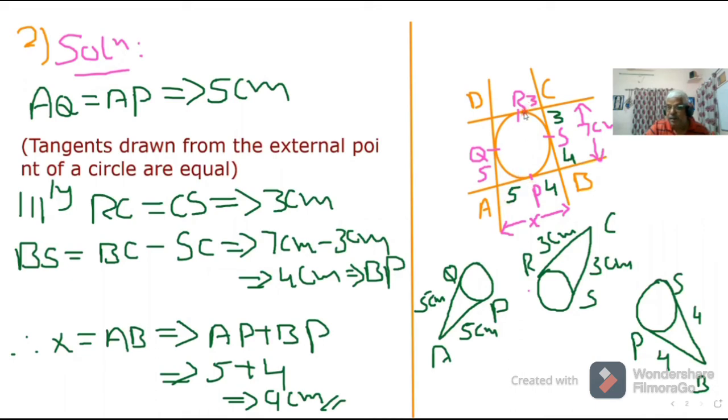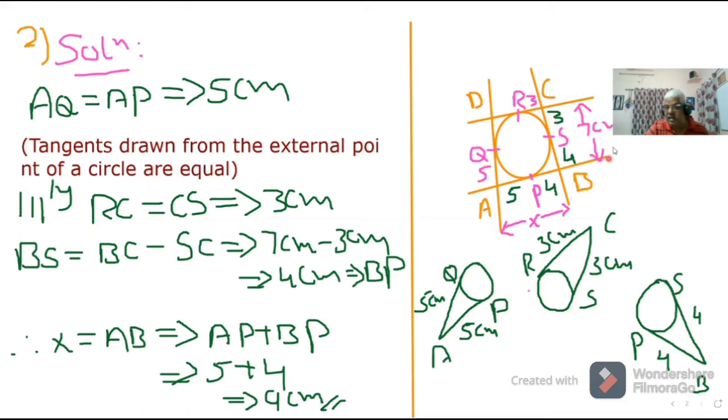Next, second one: RC and SC I took as equal because C is the external point, and CR and CS are the tangents to the same circle from the external point C. Therefore, RC and SC are equal, both of them equal to 3 centimeter.